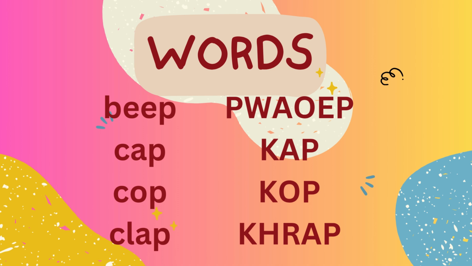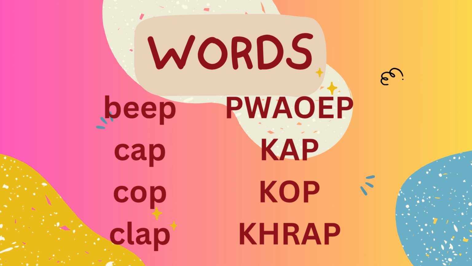Then go back to home position. Next is cap. So cap, it's initial K, vowel A, final P. So left ring finger, left thumb, and right middle finger.